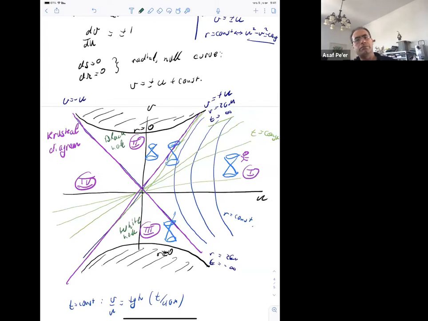What is region 4? Come on, any ideas? Any ideas, guys?